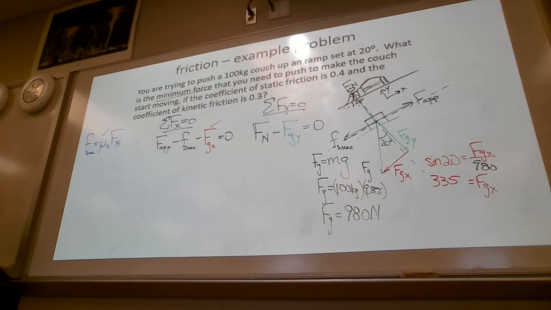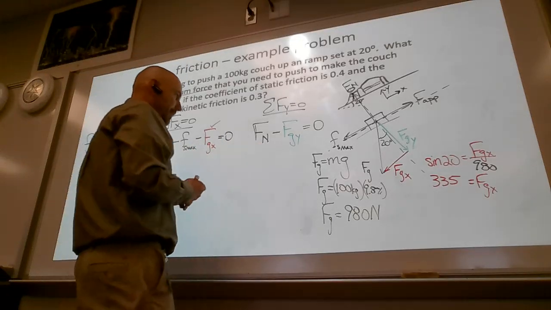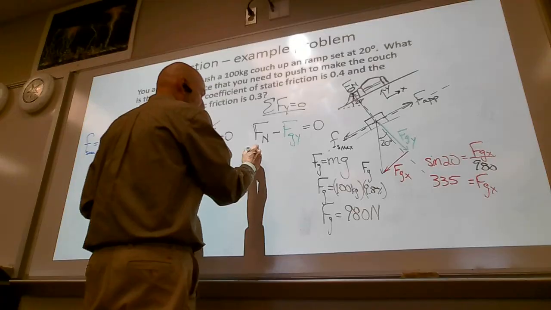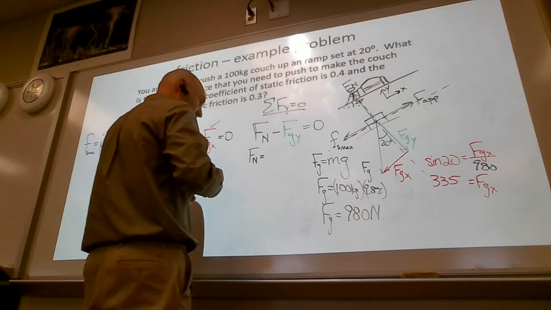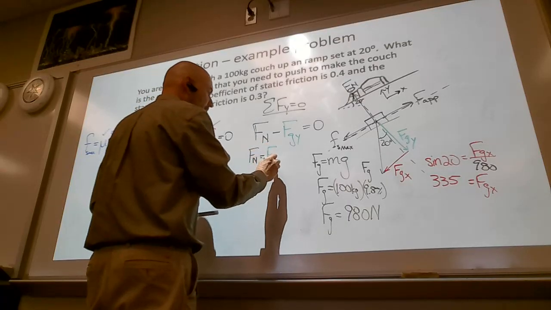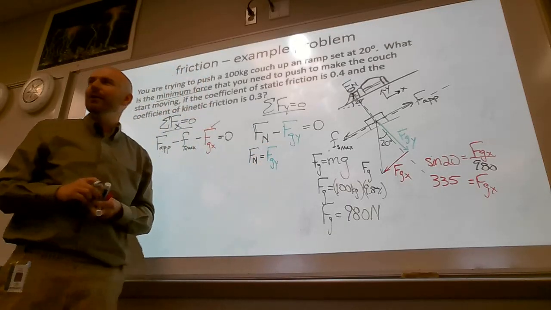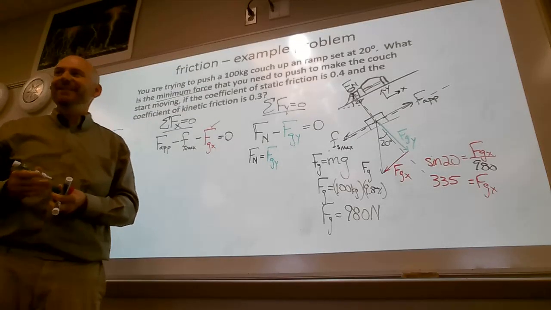Shoot, where do I find it? Y direction. All right. So normal force is equal to FG of Y. Oh man, are you kidding me? No gimmies on this one either.